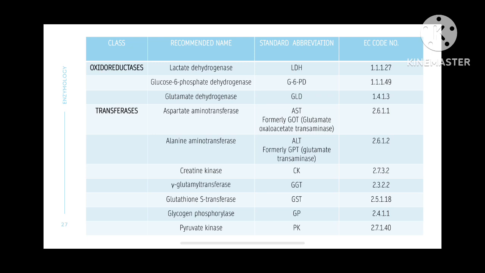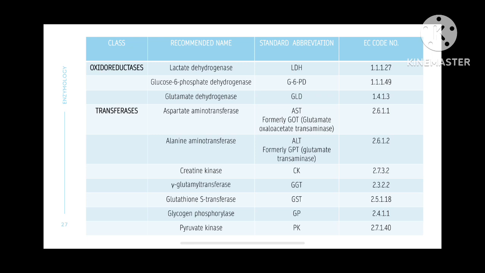You have to memorize the enzyme commission numbers because that will come out in our exam. For lactate dehydrogenase, the EC number would be 1.1.1.27. Glucose 6-phosphate dehydrogenase would be 1.1.1.49, and glutamate dehydrogenase would be 1.4.1.3.